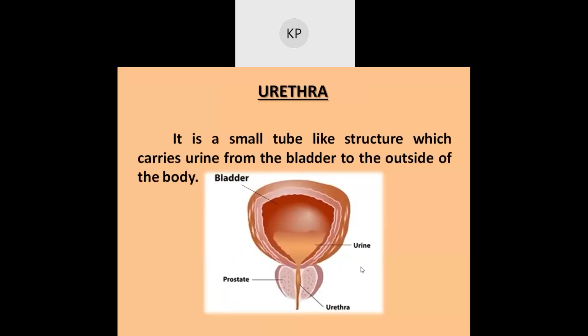This is the cross-section view of the bladder. Now, the fourth organ is urethra. It is a tube-like structure which arises from the urinary bladder and has to expel urine out of the body. In males, it acts as the common route for sperms and urine. Its opening is guarded by sphincter muscles. Sphincter muscles are ring-like muscles at the base of the urethra. Here, this is the urethra.